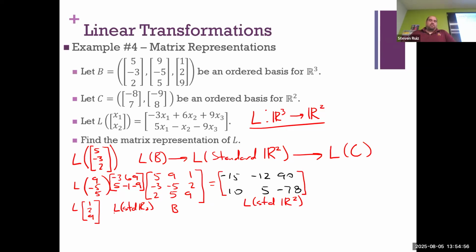I don't think there's the right way to describe all these things and not give them the same name. Because really L has nothing to do with B. I'm just using L to transform B into something else.